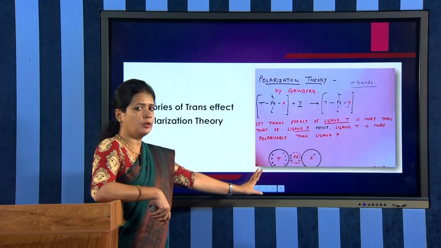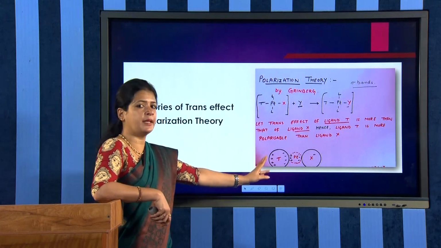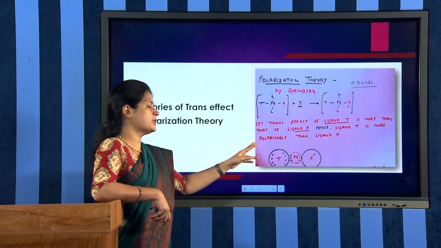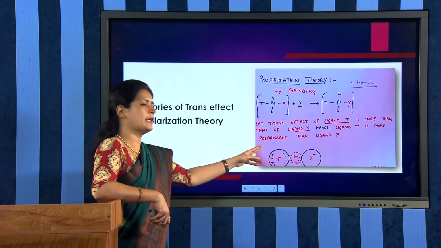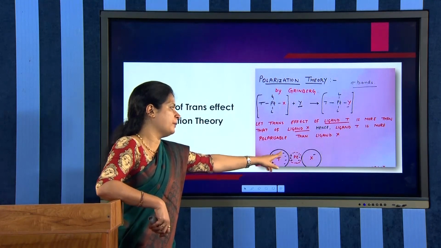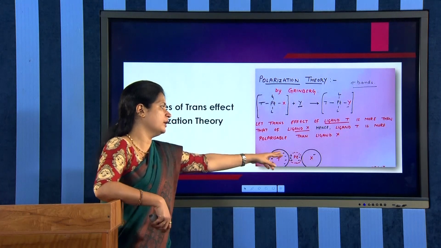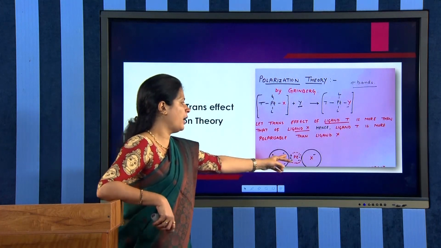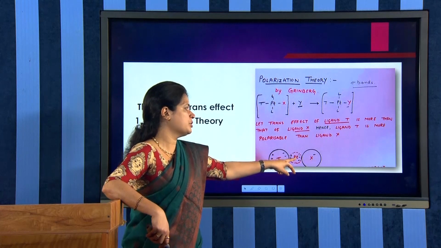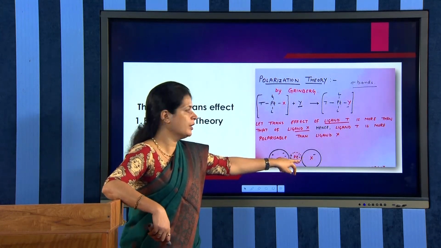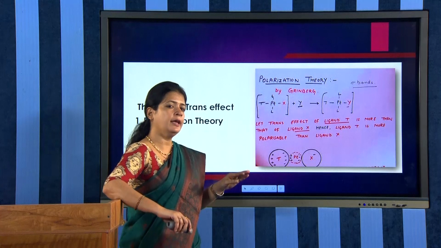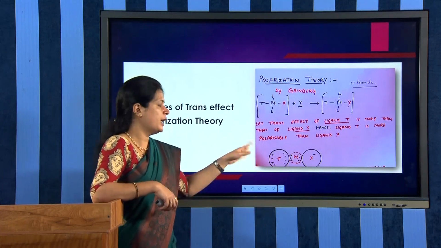We have the trans directing ligand named T, and the leaving group named X. Platinum is able to polarize the easily polarizable trans directing ligand T. As a result, negative charges accumulate near T and positive charges near that side of platinum, and finally the negative charge accumulated on the other side of platinum will be repelled by the excess electrons present in the leaving group, thereby increasing the Pt-X bond length, which results in the easy removal of the X minus ligand.